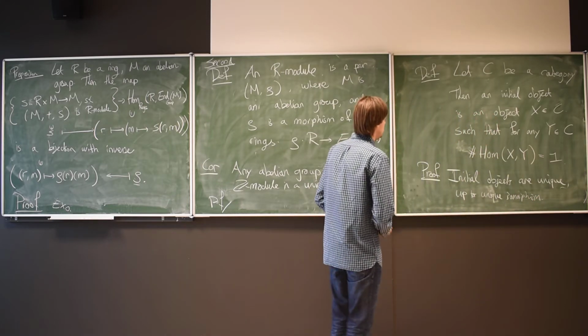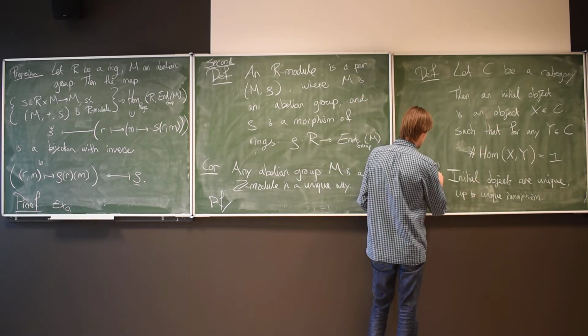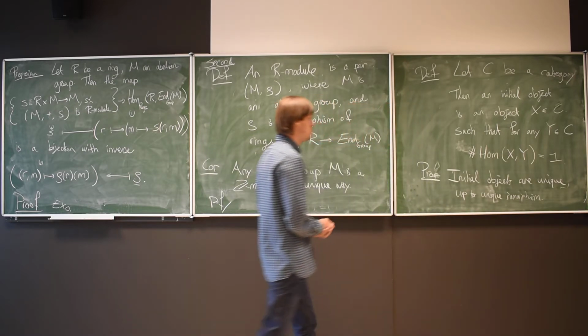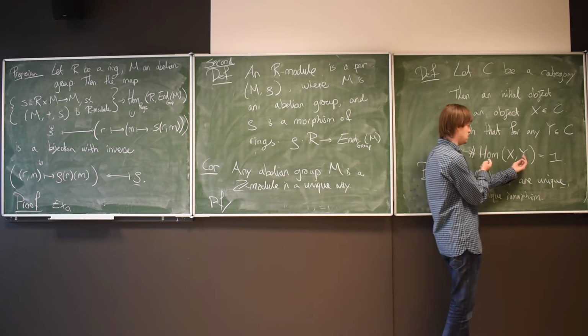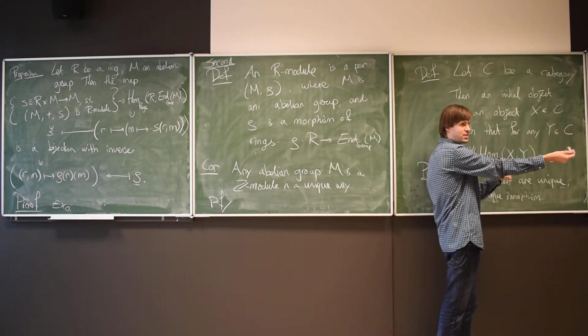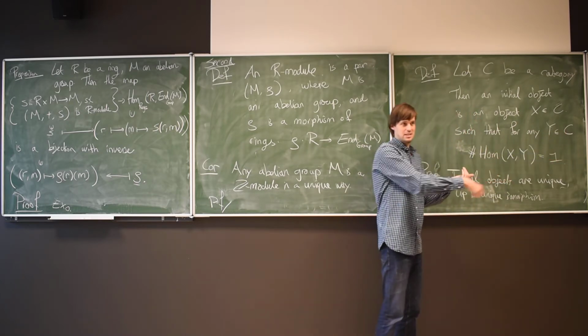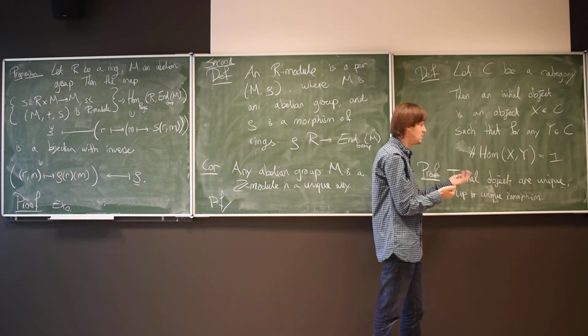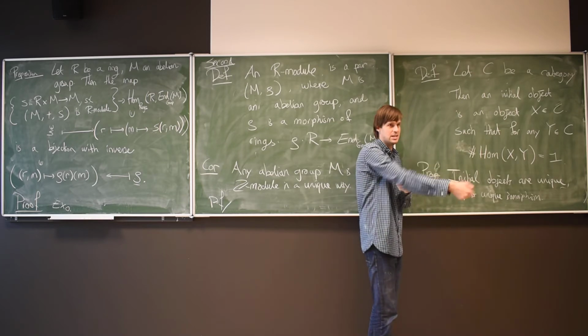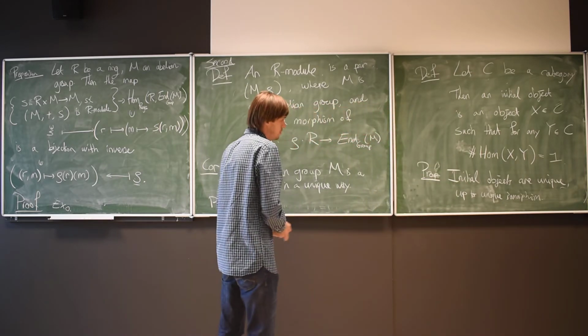Because if I had two initial objects, well then I know that I have a map going from the one to the other and backwards, but then this backwards map has to be the identity, because, no, the composition. The composition has to be the identity, yeah.